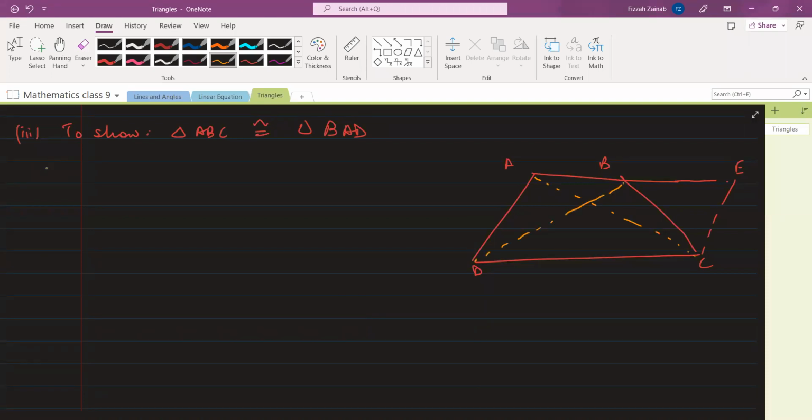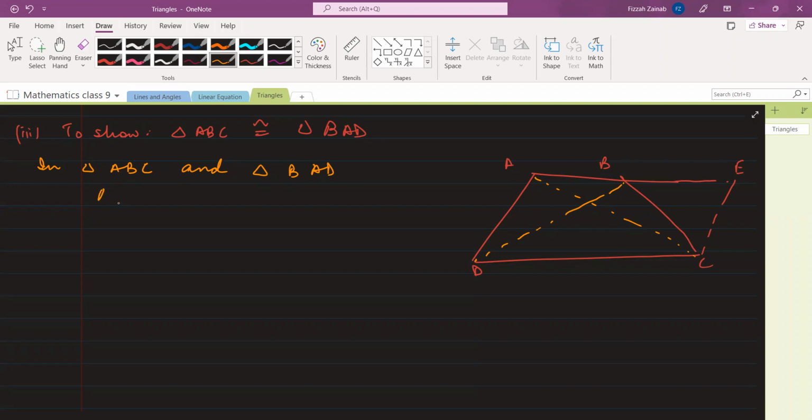So you take these two triangles. In triangle ABC and triangle BAD, now tell me three things for congruency. One side is common. Which side? AB. Yes.